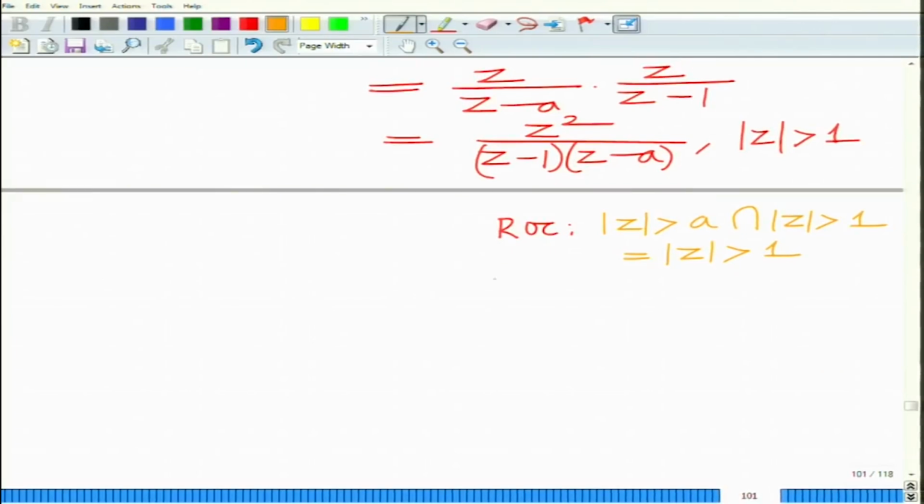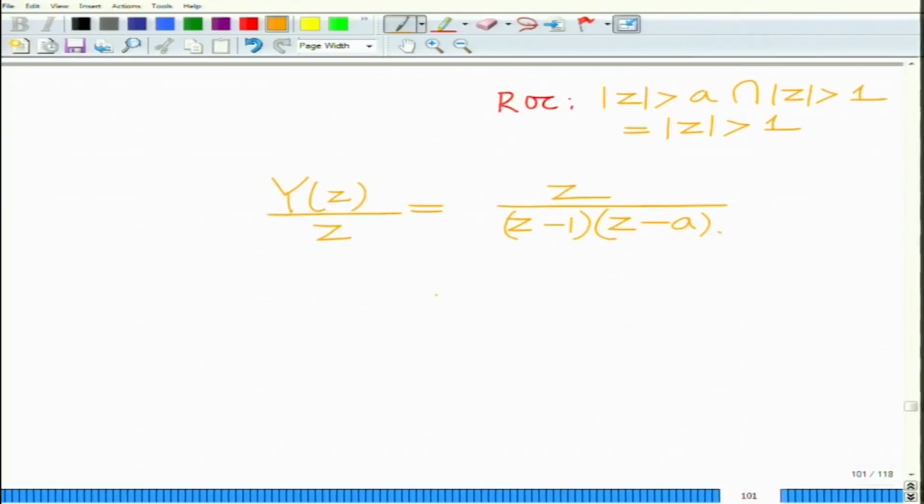Okay. Now, if you look at Y(z), we have Y(z) equals z squared over (z minus 1)(z minus a). So, Y(z) over z equals z over (z minus 1)(z minus a), which I can naturally express as C1 by (z minus 1) plus C2 by (z minus a). Now, what is C1?